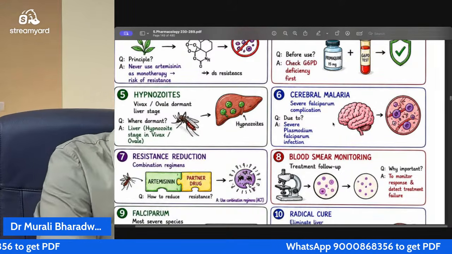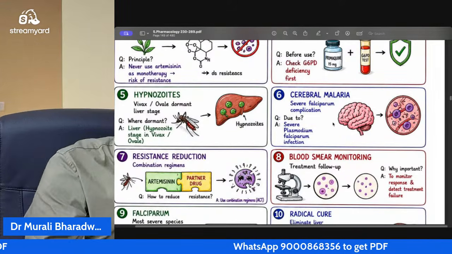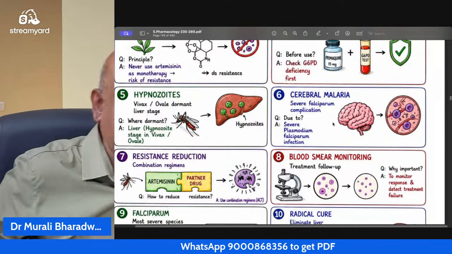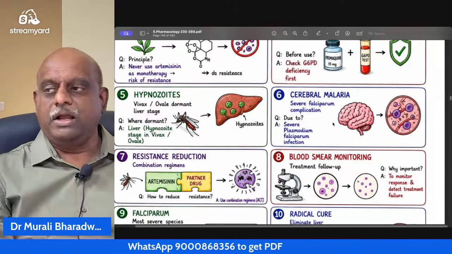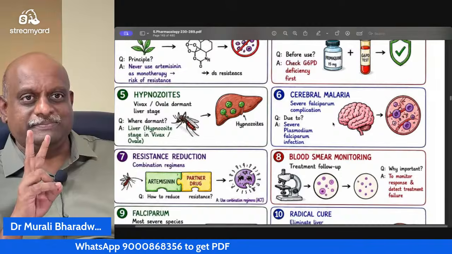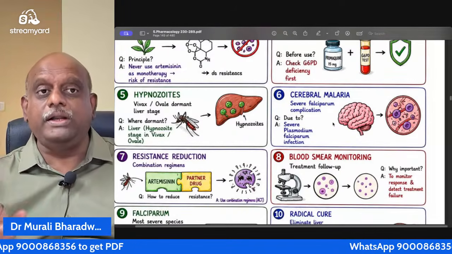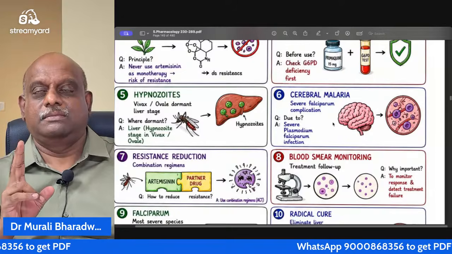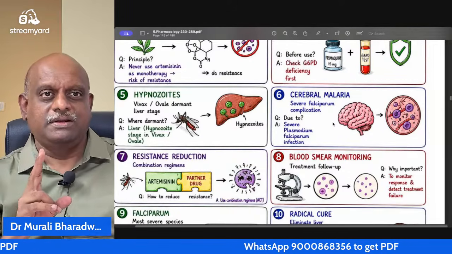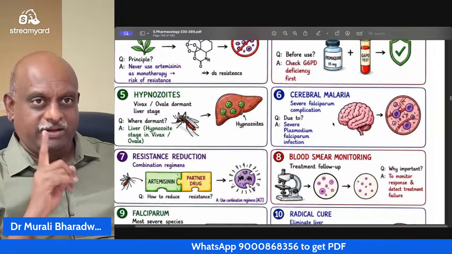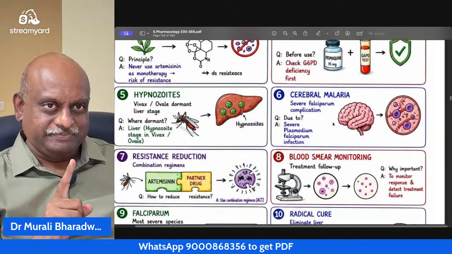Cerebral malaria is caused only by falciparum, not by the others. You know why? Because of two things about falciparum. First, both young and old blood cells are infected by falciparum.